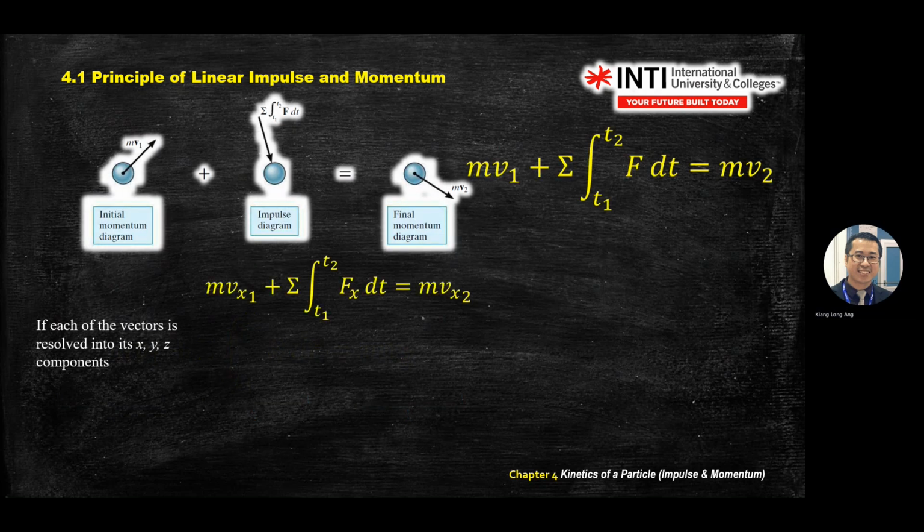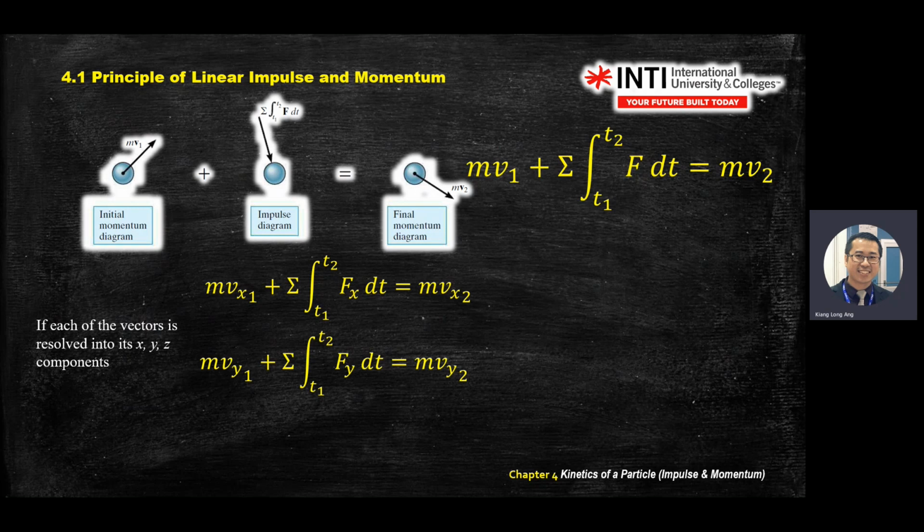All right. So here, by using the principle of linear impulse and momentum, you can break into x direction, y direction, and z direction. When you use this linear impulse and momentum, you focus on individual components. Okay? Let's say you have two bodies later.